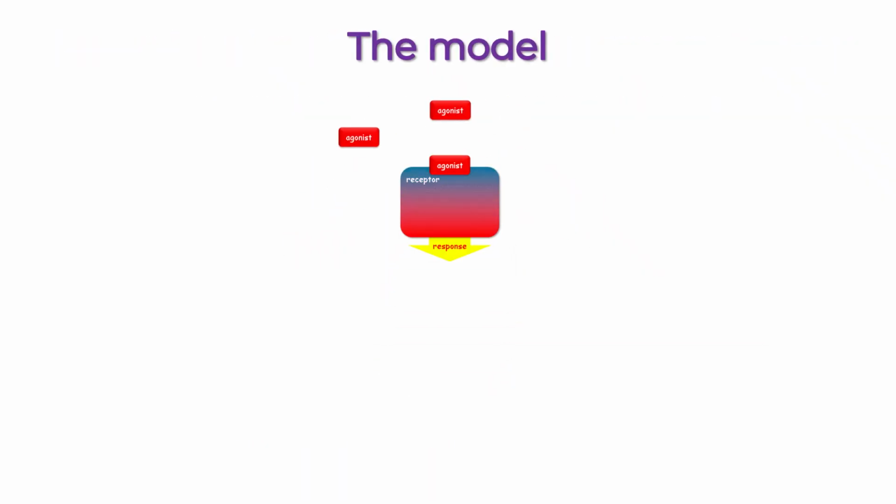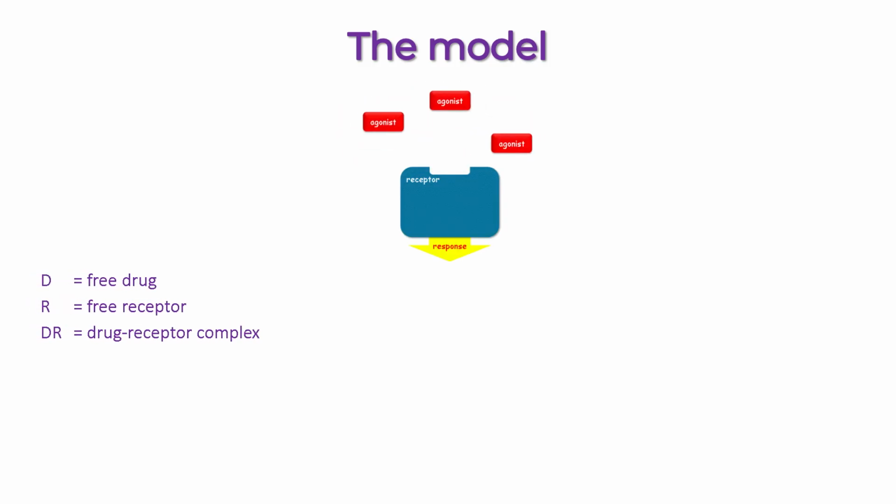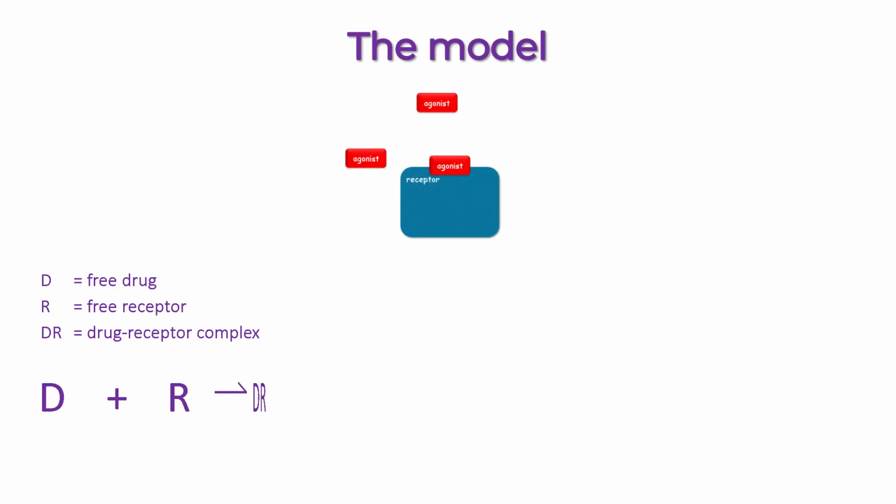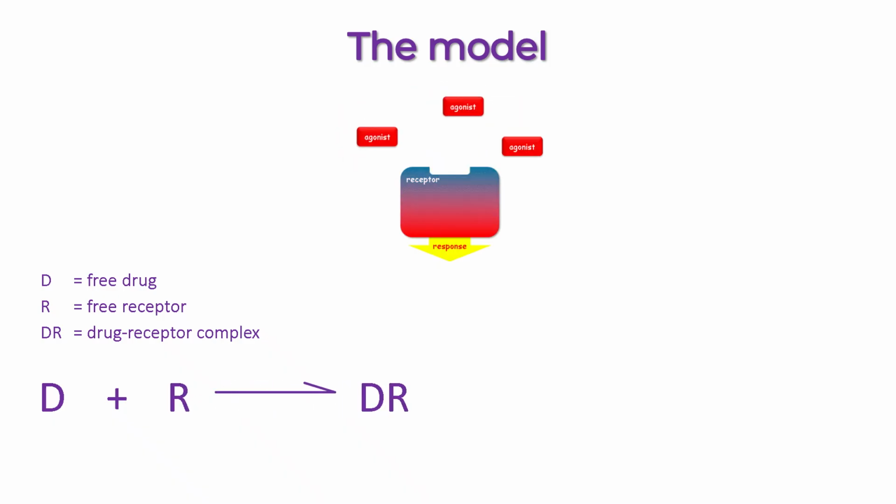To describe this interaction mathematically, we define free drug as D, free receptors as R, and the drug-receptor complex as DR. Binding is reversible. Drug molecules continuously associate with receptors to form the bound complex, and then dissociate again to reform free drug and free receptor.